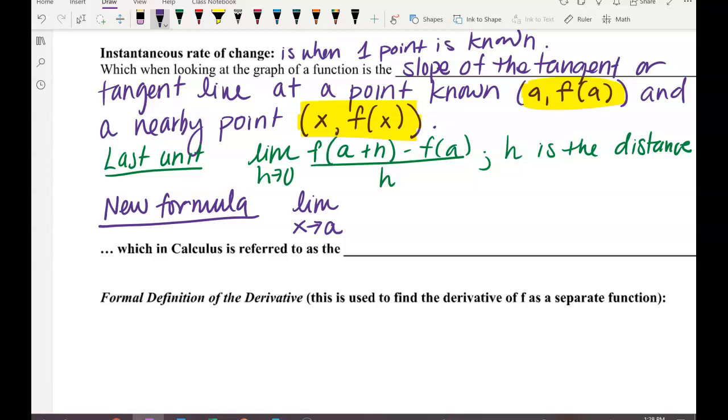If our nearby point is approaching our given point, then the closer the point we pick, the distance would be very minimal. So the concept is still the same. The y value will be f of x minus f of a all over x minus a.